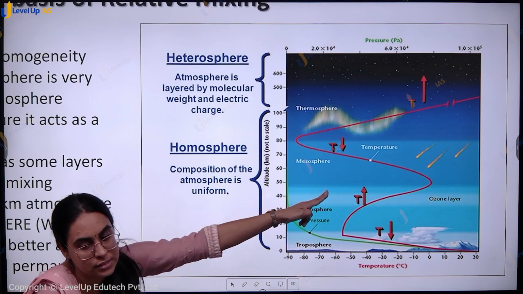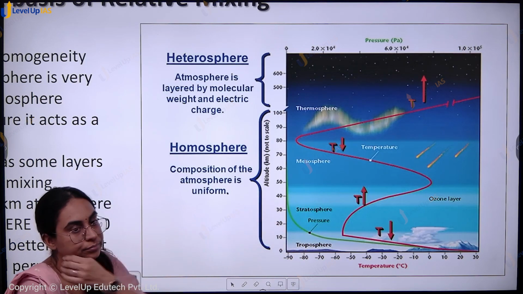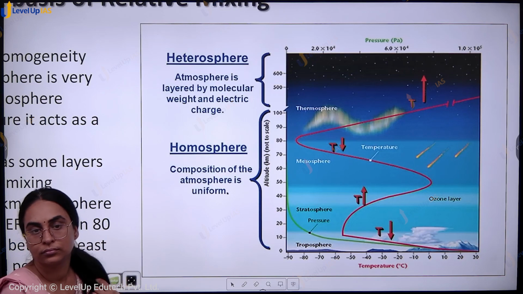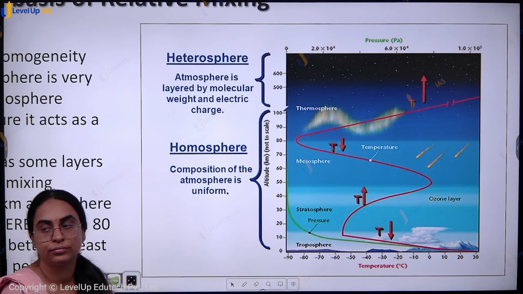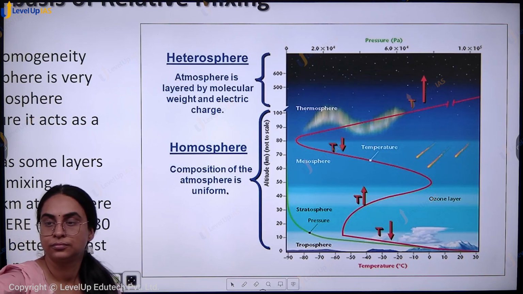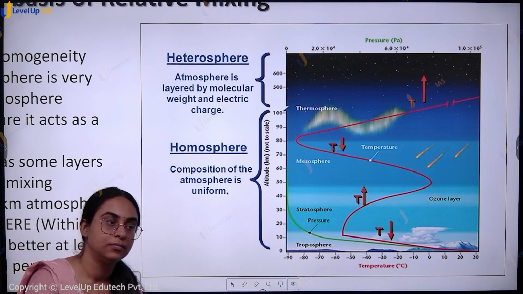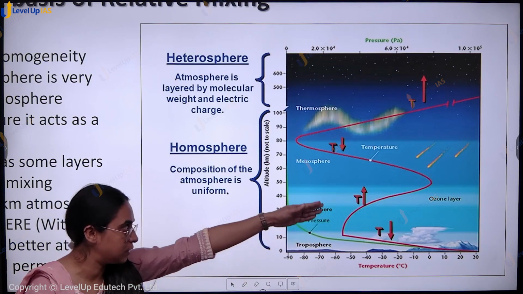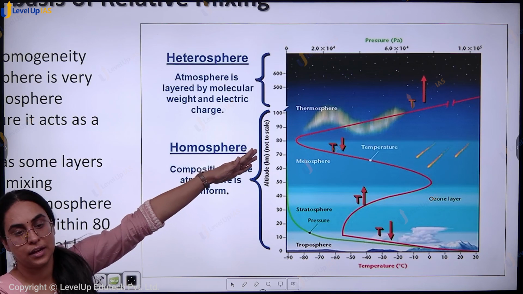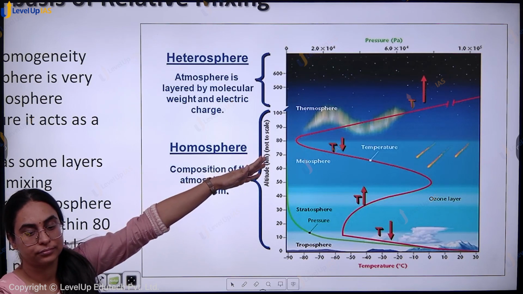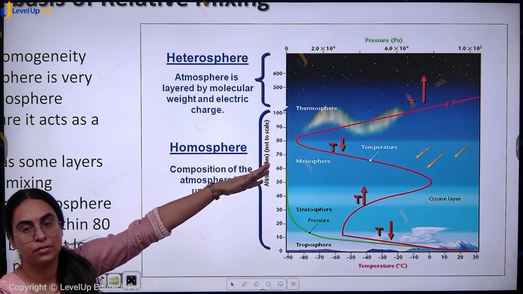The temperature increases with the increase in height in stratosphere. The temperature reduces with the increase in height in mesosphere.